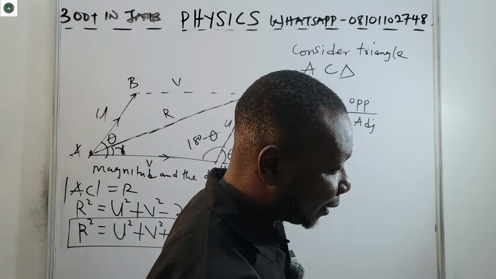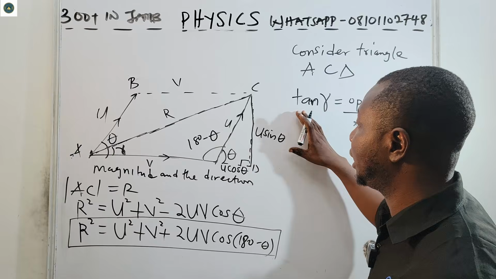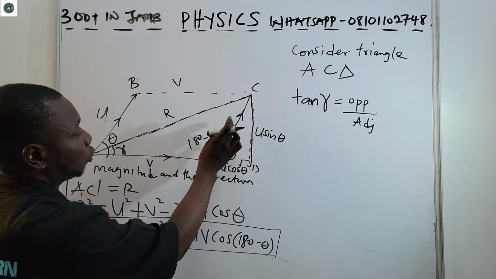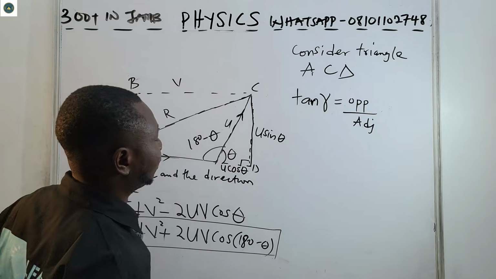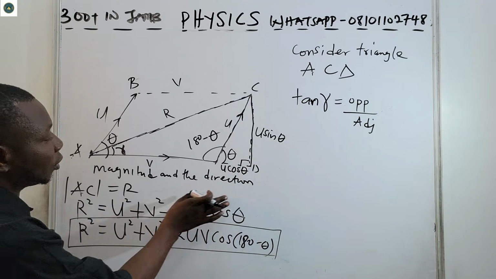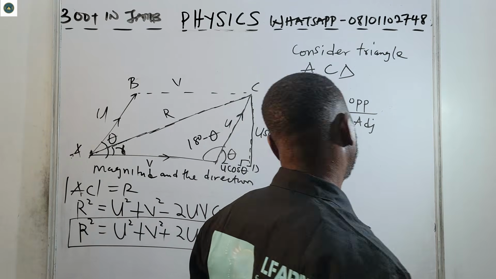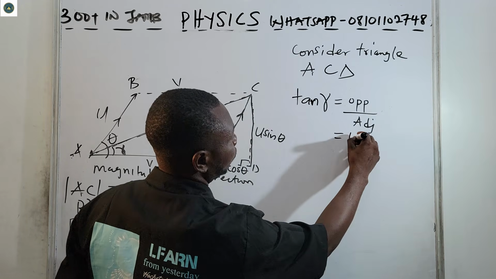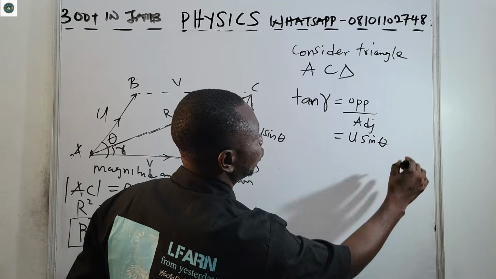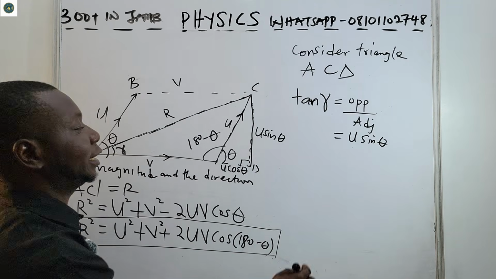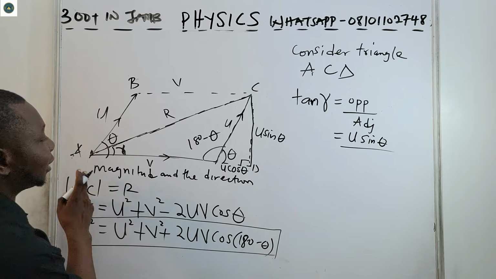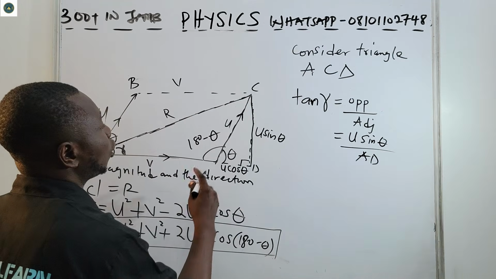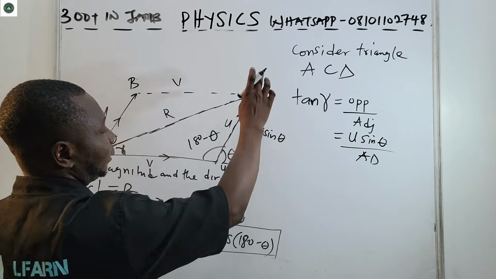Now, the opposite is the vertical component of U. The vertical component of vector U is U sine theta, while the horizontal component is U cos theta. So definitely the opposite is U sine theta. Now, the adjacent is AD, and the opposite is DC.